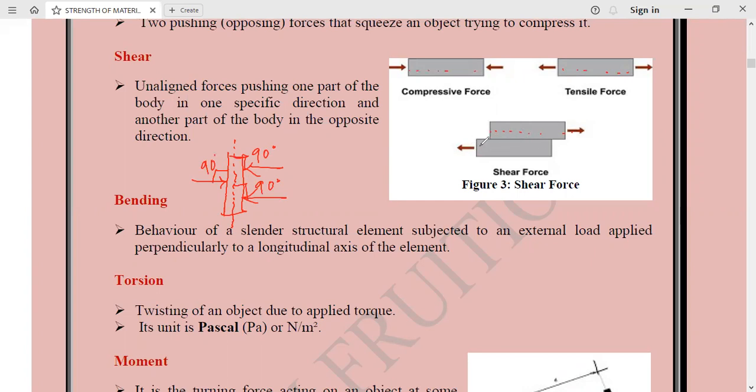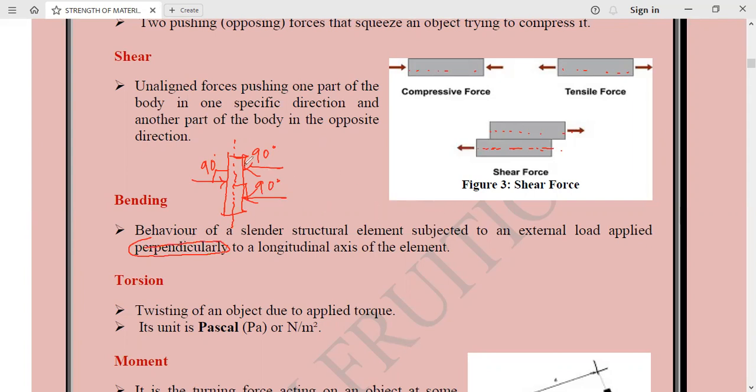Whereas in shear force, you see that this was the element, so this was the axis of the element, and we were applying the force in the direction of the longitudinal axis of the element. Whereas in bending, we apply forces that are perpendicular to the longitudinal axis of the element.